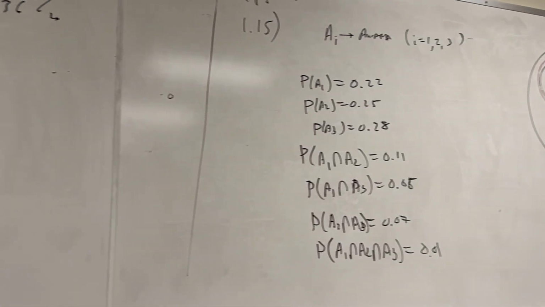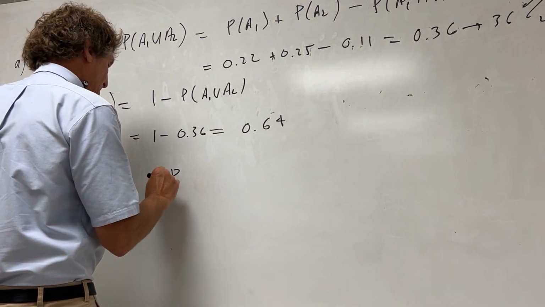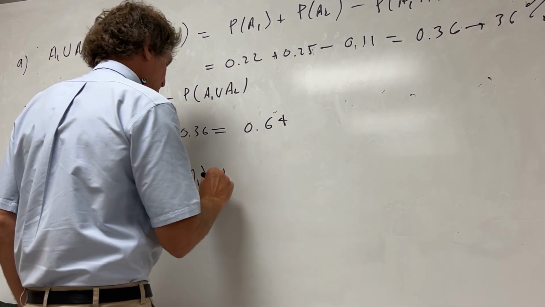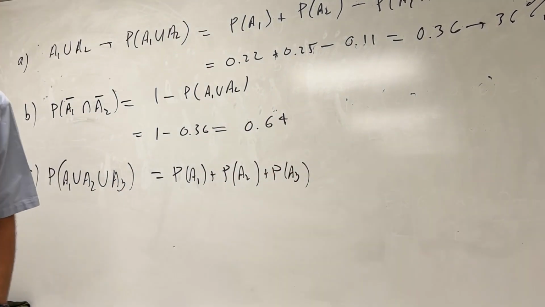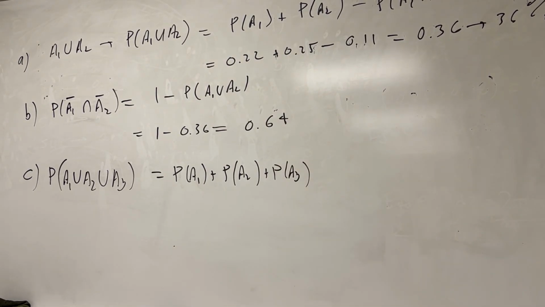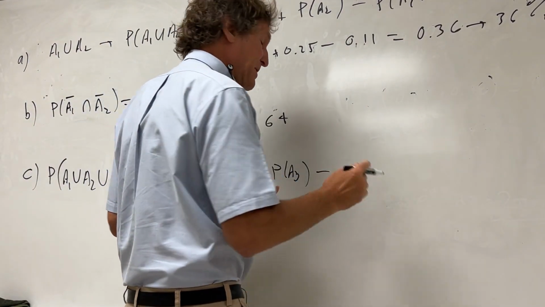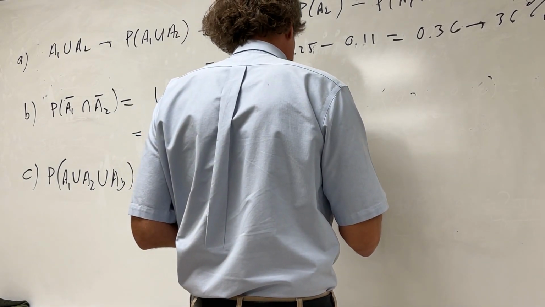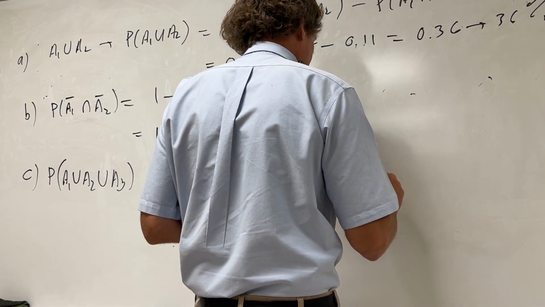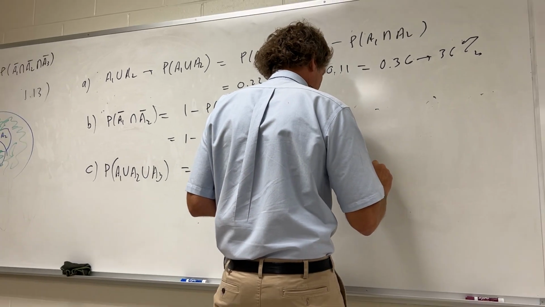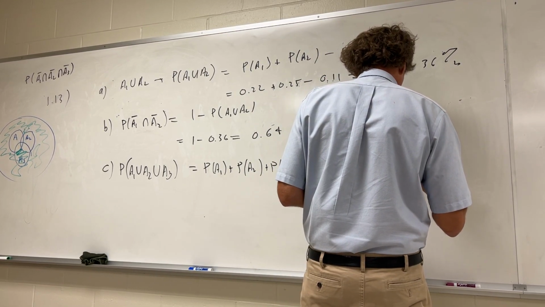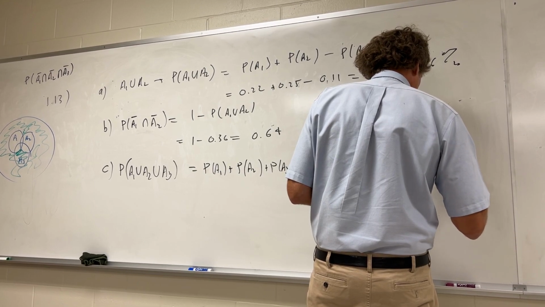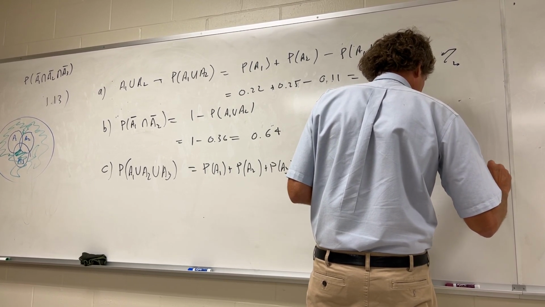So for this one, it's going to be what? Well, it's just starting with probability of A1 plus probability of A2 plus probability of A3. That's the starting point. And if they were disjoint, if there was no overlap, that would be it. Everybody with me? Then you've got to get rid of all the overlaps. So it's going to be minus the probability of A1 intersect A2, minus the probability of A1 intersect A3, minus the probability of A2 intersect A3.